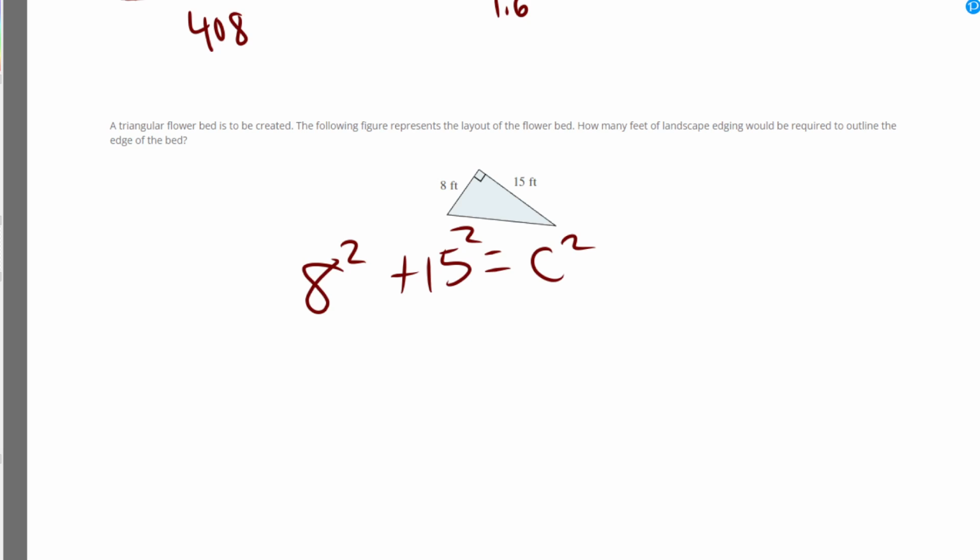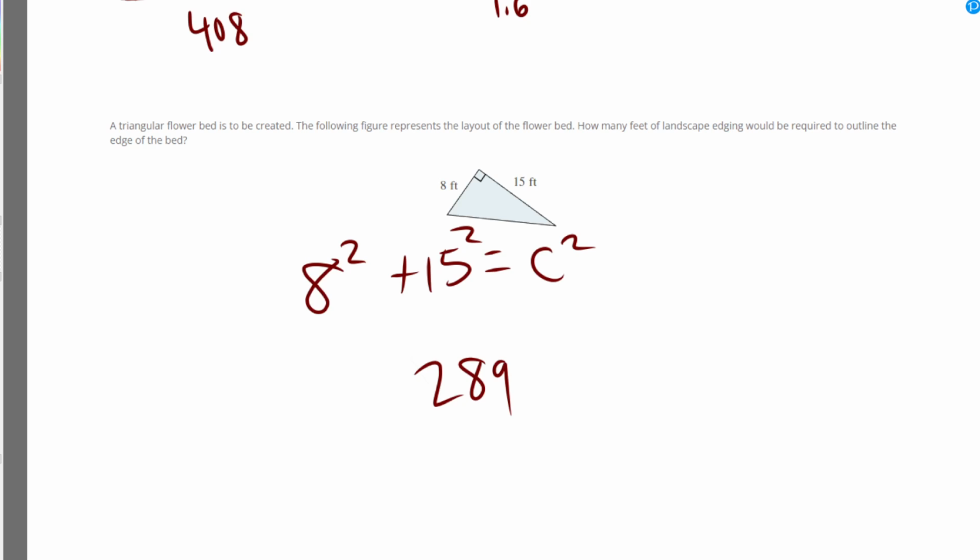So let me plug that into my calculator really quick. 8 squared plus 15 squared is equal to 289, which should be the square root of 13. Nope, never mind. It's not the square root of 13. I take that back.